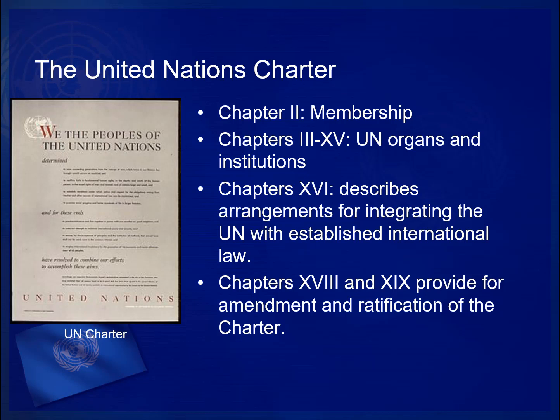These amendments were, in 1965, a proposal to increase the size of the Security Council from 11 to 15 members, and the supermajority threshold to take action from 7 to 9 affirmative votes. Second, also in 1965, the size of the Economic and Social Council, or ECOSOC, was increased from 18 to 27 members.